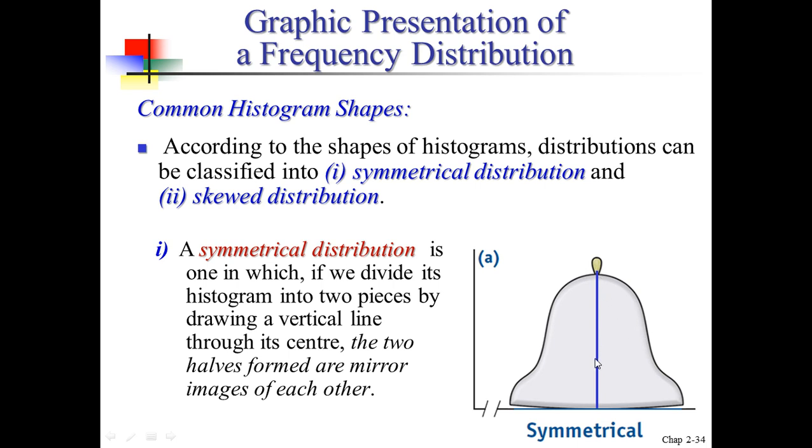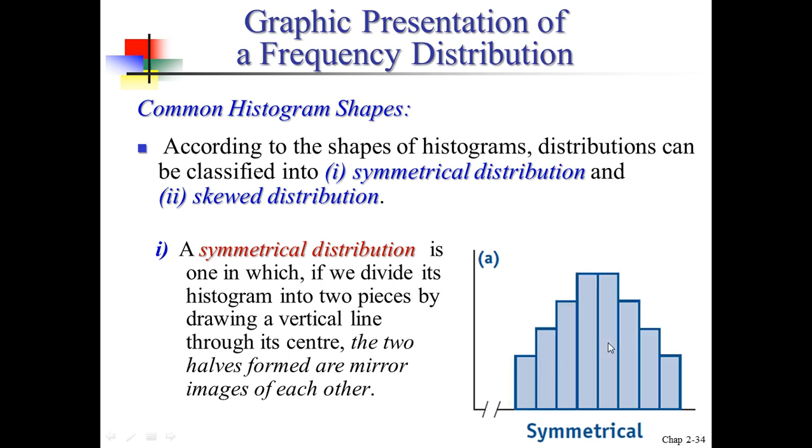Compared to this line, the left side part is the same size as, or has the same features as, the right side part. That's why we call this symmetrical distribution, or sometimes bell shape. What if our histogram shape is not bell shape?